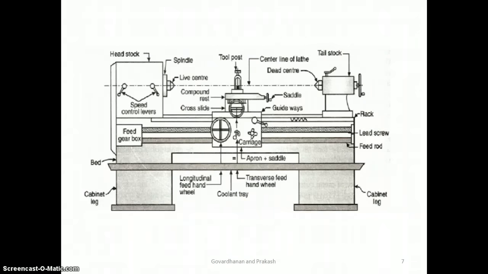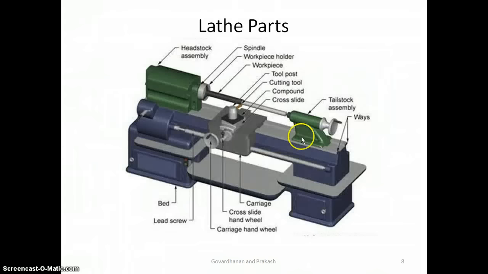Here the figure shows the various parts of the lathe. It consists of a headstock, a tailstock, a carriage, a bed, and feed mechanisms: headstock assembly, tailstock assembly.